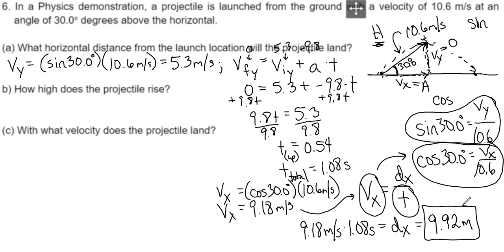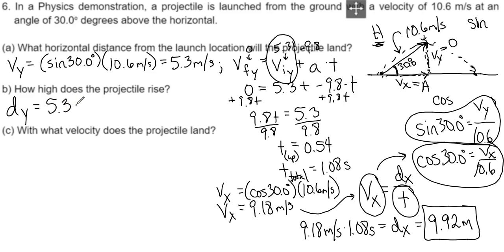Whew. All right, so how high does the projectile rise? Well, for the height of the projectile, we're going to use our distance in the y direction, which is equal to the initial velocity in the y direction, which we already calculated is 5.3, times time.